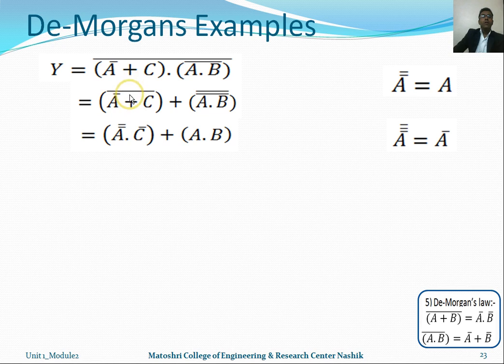So we break the whole complement, and we change the functionality between this A complement and C. The functionality between A complement and C is OR, and this OR functionality is changed into AND after breaking the whole complement.